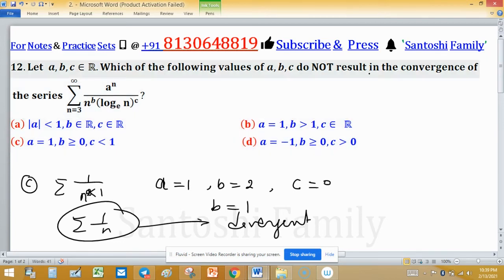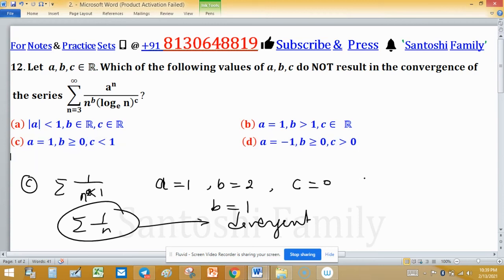So it may be right, it may be right or not. If I get a single set of values of A, B, C which do not lead this series to convergence, but to a divergent one, then we are fine. So option C will be true.